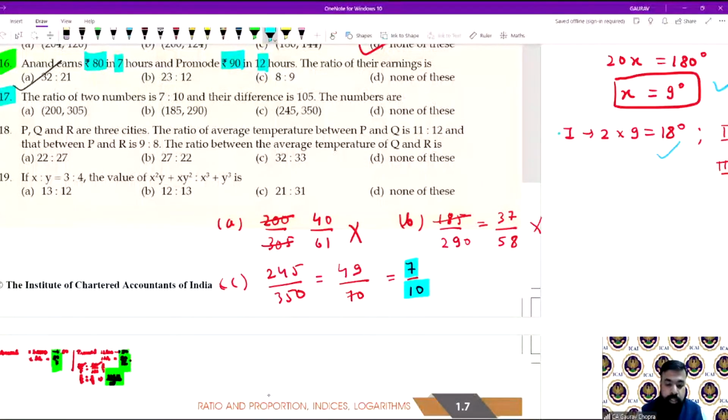So option number C is correct. The difference between the two numbers is 105 and the ratio between the two numbers is 7:10, so this option will be correct. If your calculation speed is fast, you can solve such questions in 15 to 20 seconds.